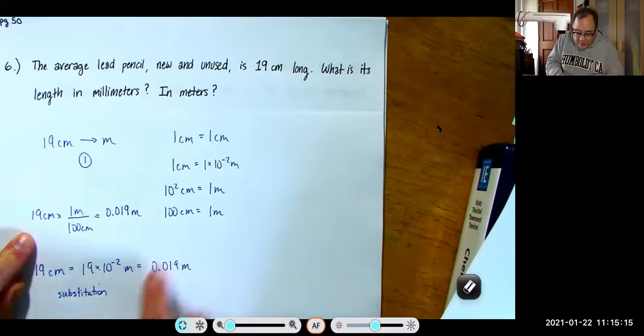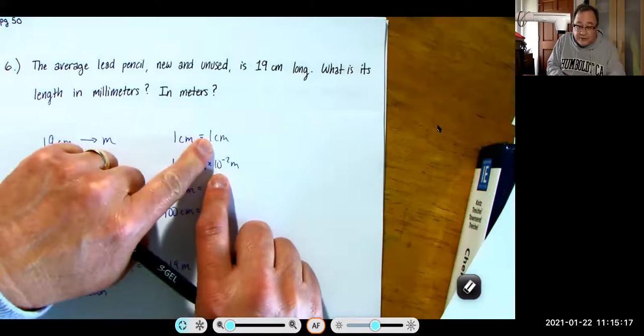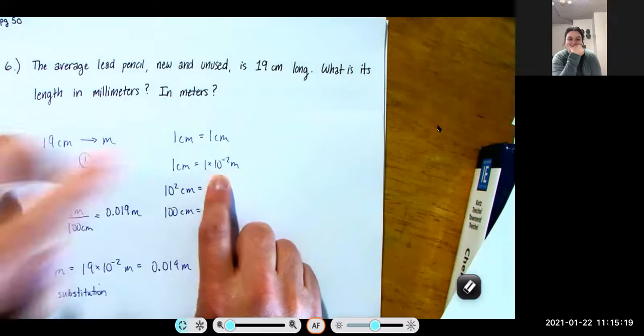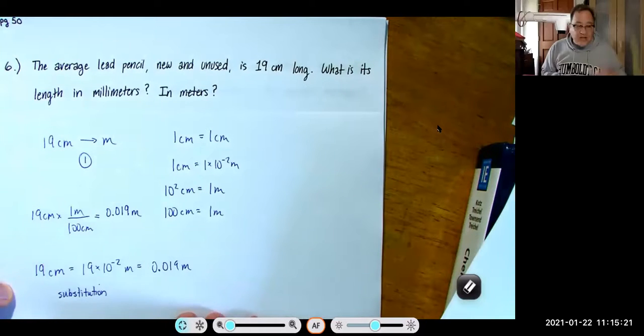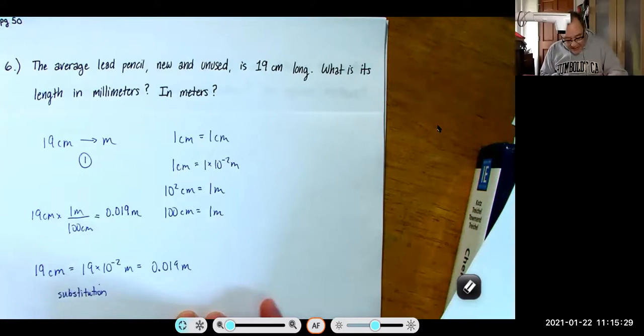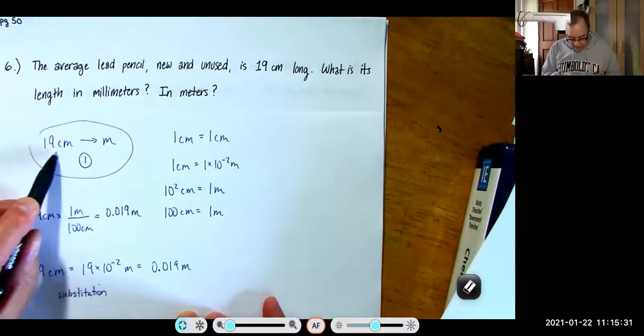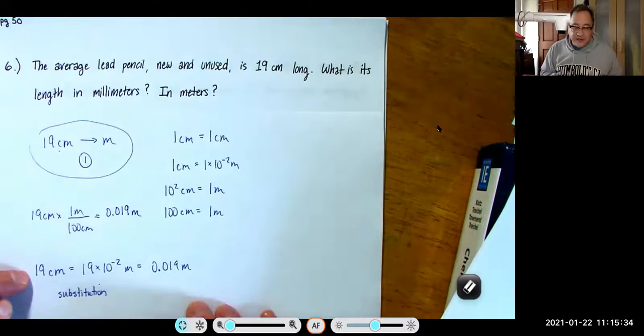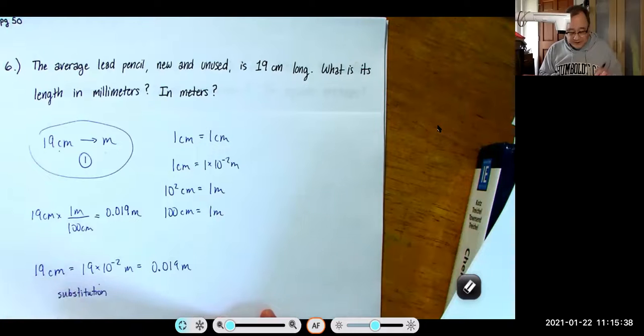And in fact, it's what I'm doing right here. I'm doing substitution. So C is not real. It's a placeholder for what's real. So I'm just putting what's real there. So for something like this, where you're going from a prefix to no prefix, substitute the correct amount. But you have to memorize the amounts.